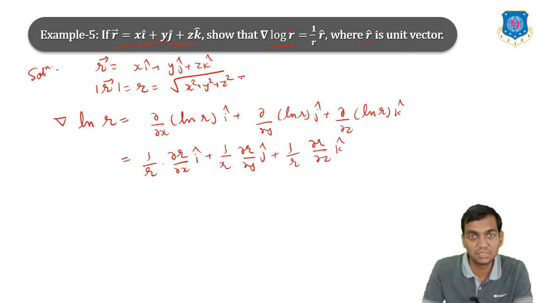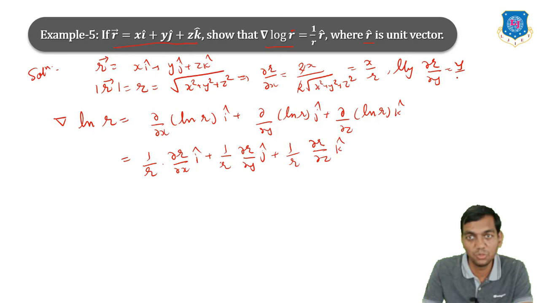But the derivative del r by del x will be 2x upon 2 under root of x square plus y square plus z square. So 2 will be cancelled out and you will get x upon r. Similarly, del r by del y will be y upon r and del r by del z will be z upon r. Okay?